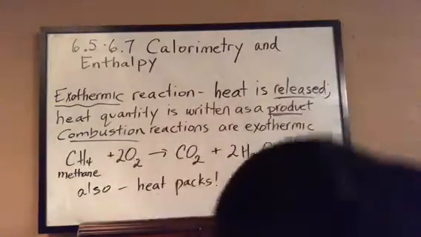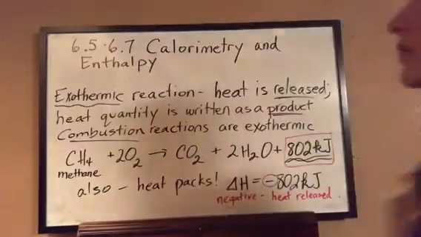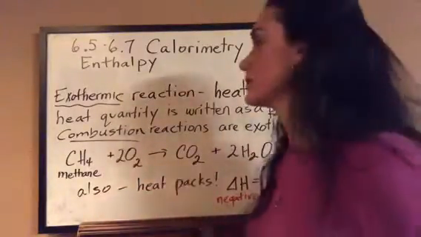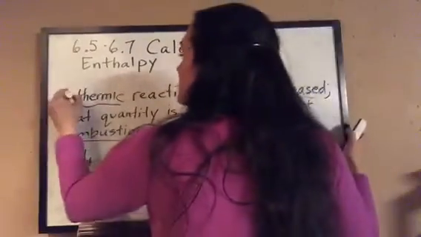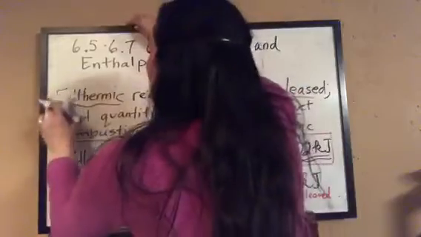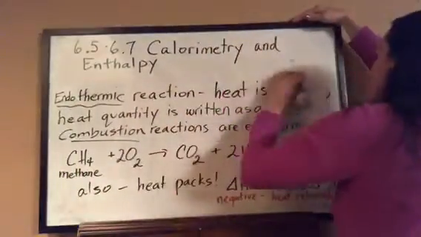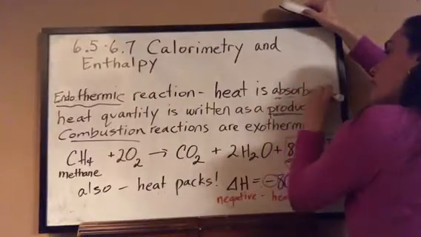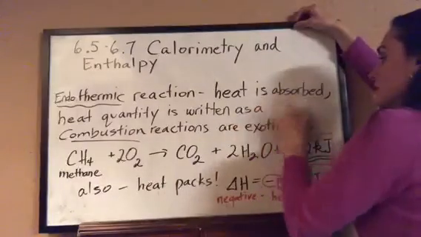Well, what about when you have a reaction that absorbs a heat quantity? We call that an endothermic reaction. Think of the prefix endo, as in endure, to take in. So in an endothermic reaction, heat is absorbed, and the heat quantity is written as a reactant.